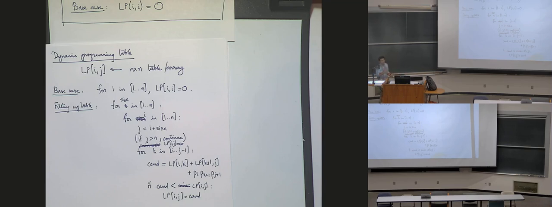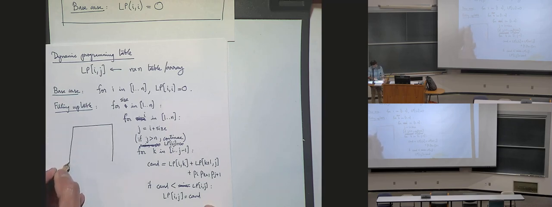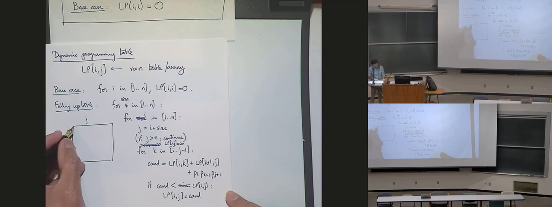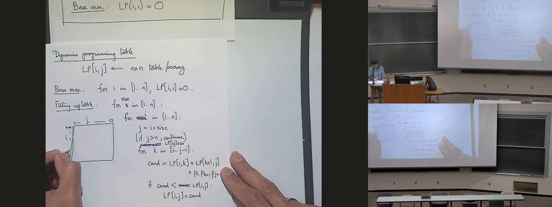So the way of thinking about this table is, if you have i and j, you only care about the case where i is less than j. The way I usually like to do it is, this goes from n all the way to 1.